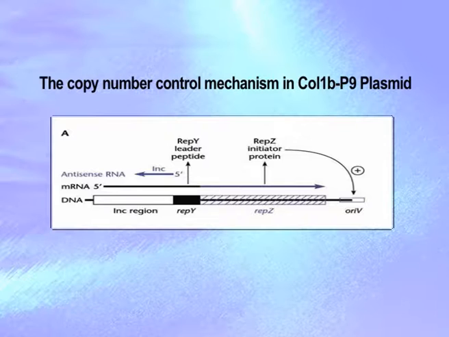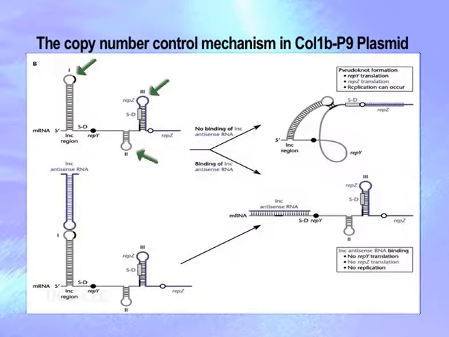And once this RNA is transcribed, we will see that certain secondary structures like 1, 2 and 3 are formed. Because of the formation of these secondary structures, the Shine-Dalgarno sequence for the Rep-Y protein, that is the leader peptide, is exposed and it can undergo translation perfectly.